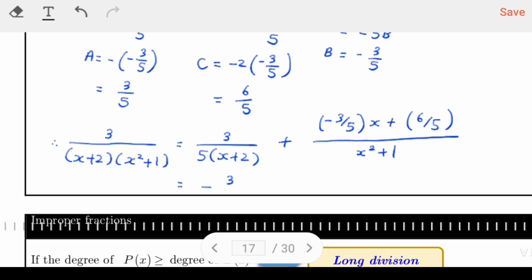So our final answer is 3 over 5x plus 2 plus negative 3x plus 6 over 5 times x squared plus 1. So this is our answer.